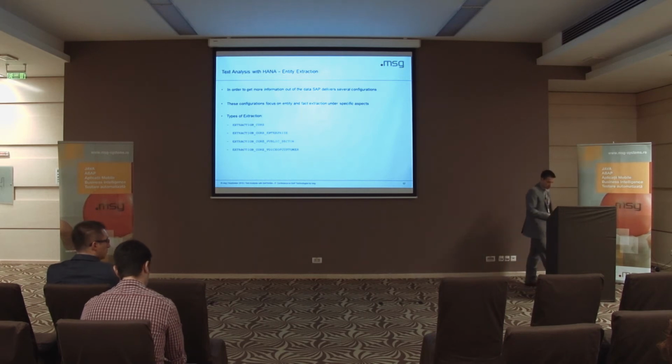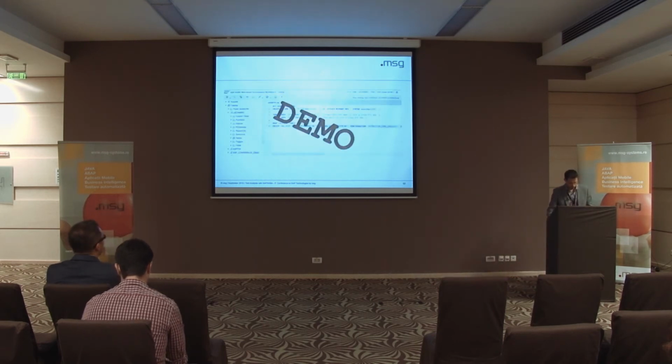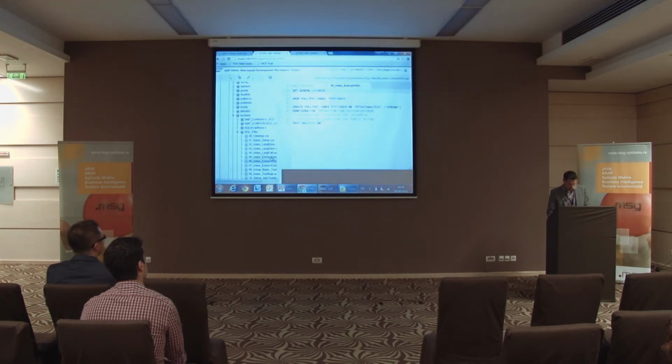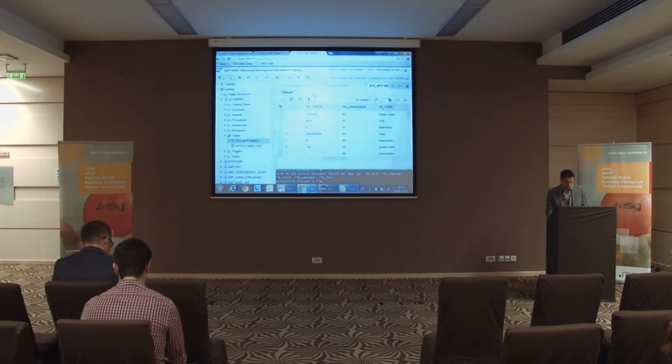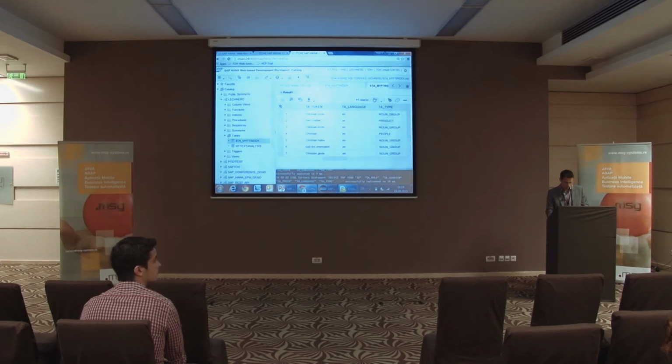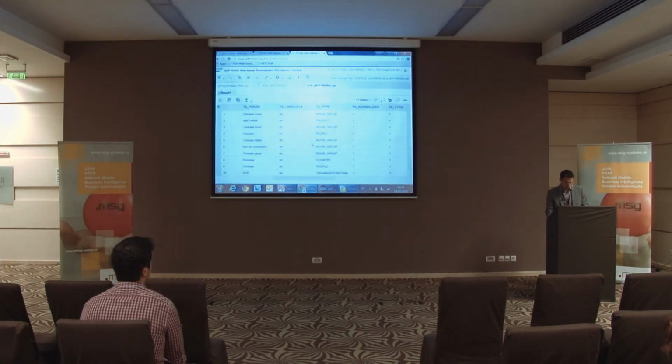So once again, let's take a look at the system. I will first of all show you the core extraction functionality. What comes out here is something quite interesting from my point of view. So I will refresh that one. As you might have seen, the number of rows changed because the extraction configuration is different now.